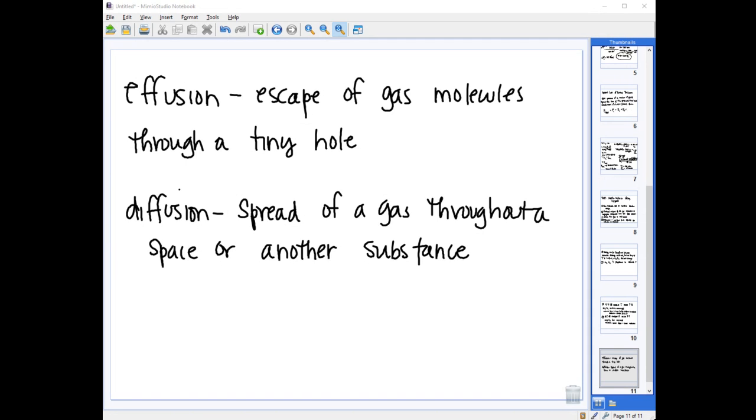And we've learned enough now about gases to know that we can't get our gases to behave the same way in every circumstance. In high pressure, high temperature, or low pressure, low temperature, we can't get our gases to behave the exact same way every time. So an ideal gas is a model.